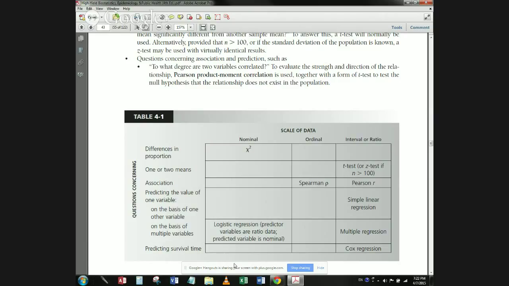Questions concerning association and prediction, such as to what degree are two variables correlated? To evaluate the strength and direction of the relationship, Pearson product moment correlation is used together with a form of t-test to test the null hypothesis that the relationship does not exist in the population.